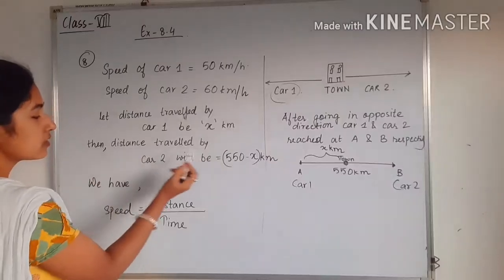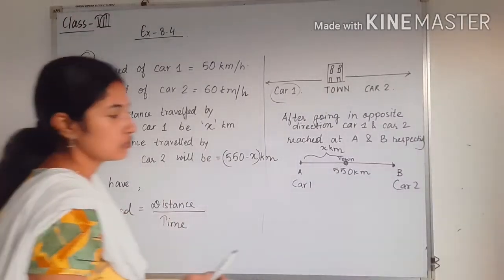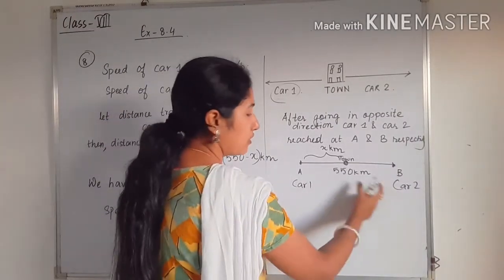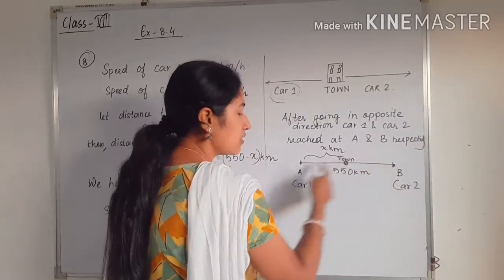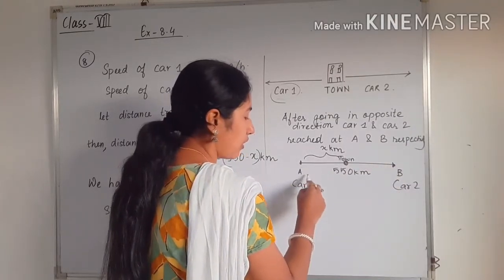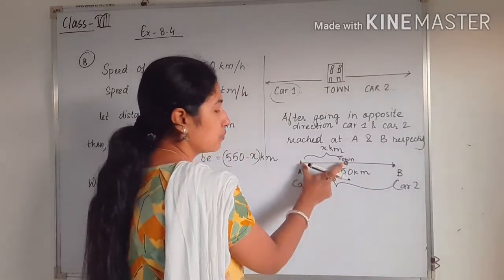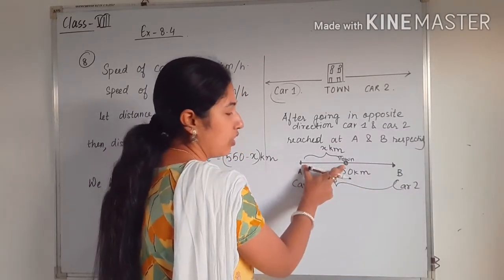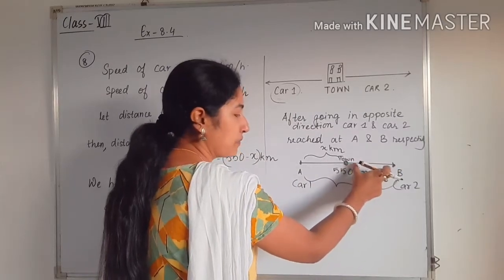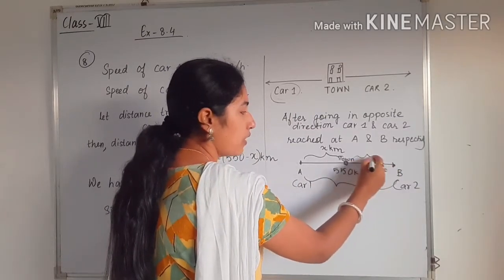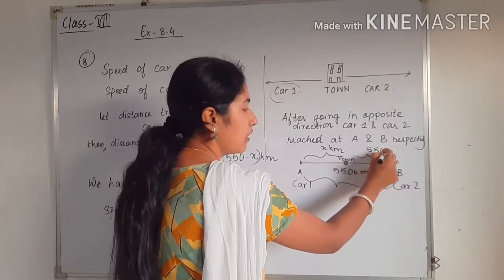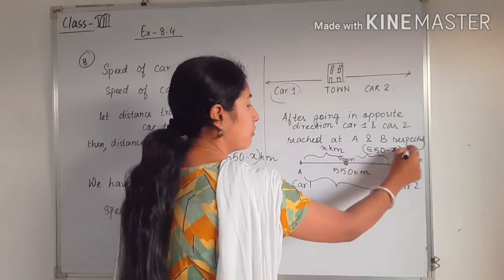Then the distance traveled by car 2 will be what? The total distance is 550 kilometer, and this much distance is x kilometer, so this distance will be 550 minus x kilometer.